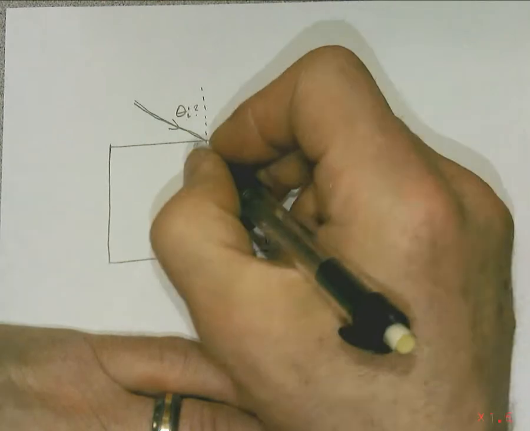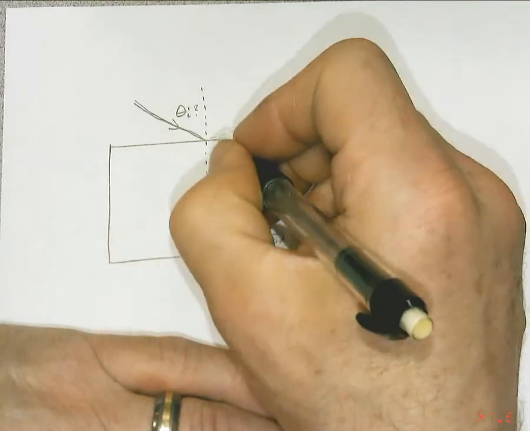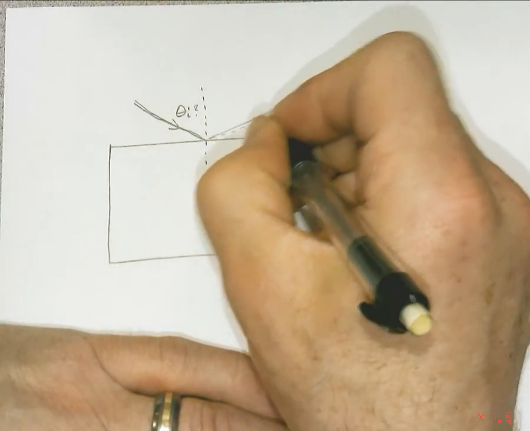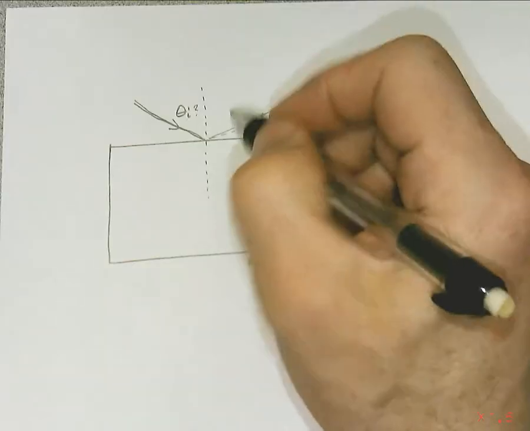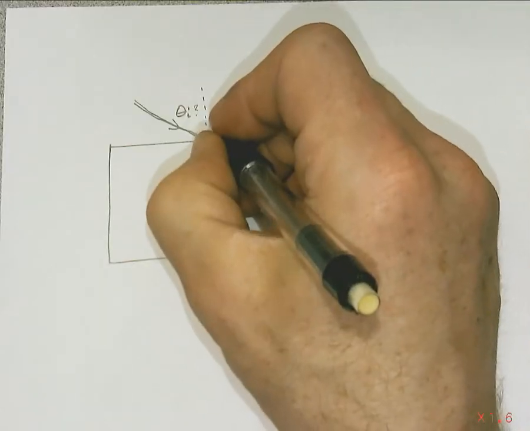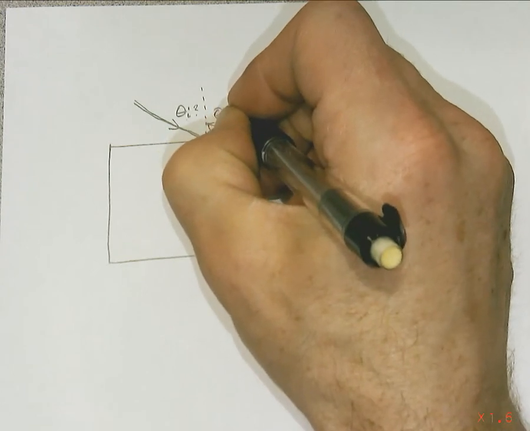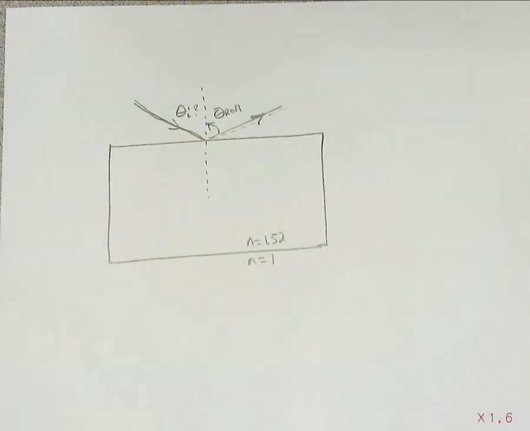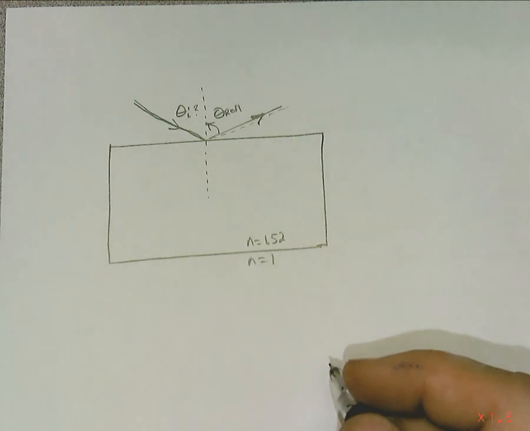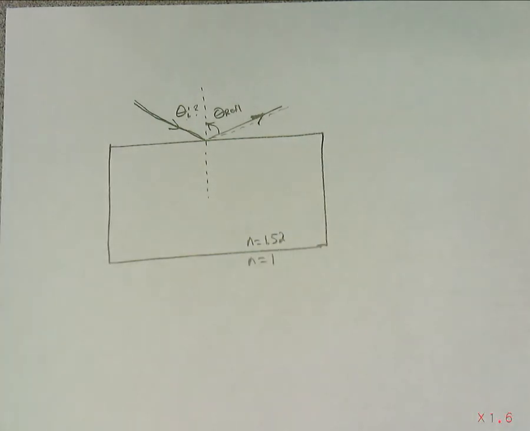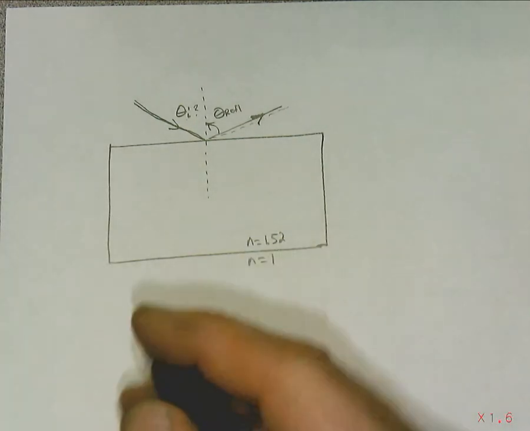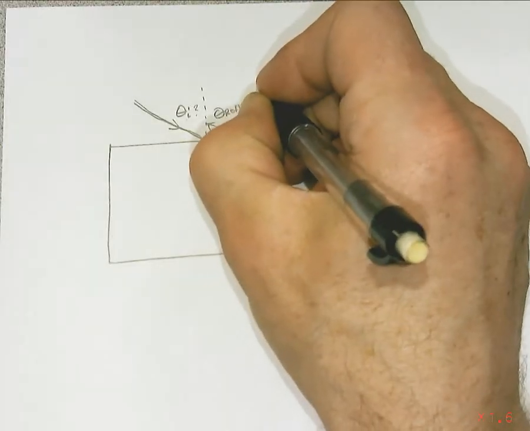Now, if it's reflected, it obeys the law of reflection, which I didn't draw very well here. But in other words, this angle is equal to theta reflected. And that reflected angle is twice the angle of refraction. So that's equal to 2 theta r.